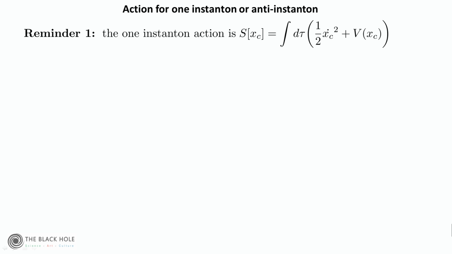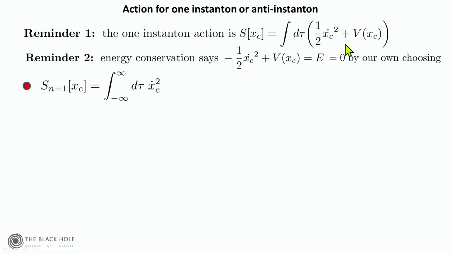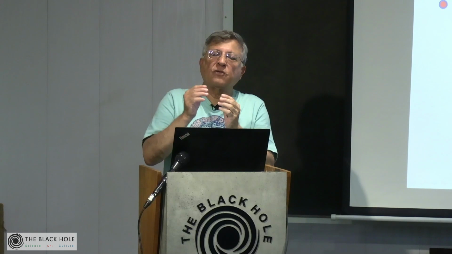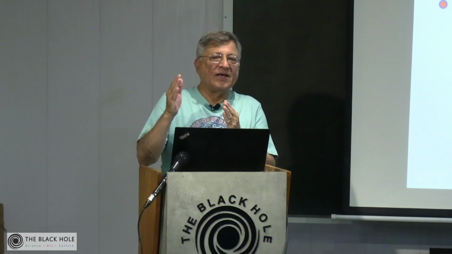The instanton action, you saw this earlier. It's this. Energy conservation, you also saw. We had chosen the total energy to be 0. So from here, we can calculate the instanton action. But you see, instead of having to go from minus infinity to plus infinity, because the instanton is very, very short-lived, we can go from a little bit to the left and a little bit to the right.